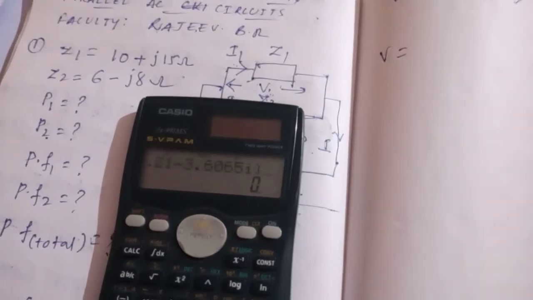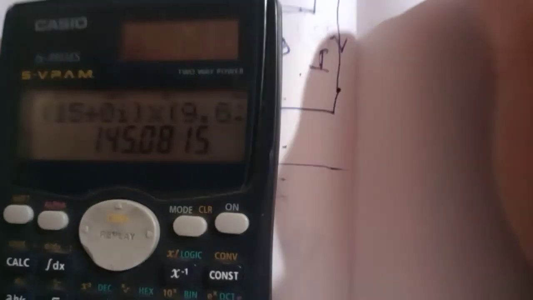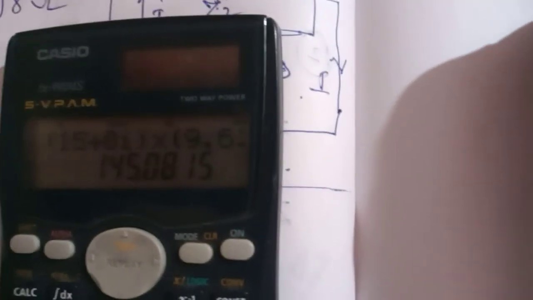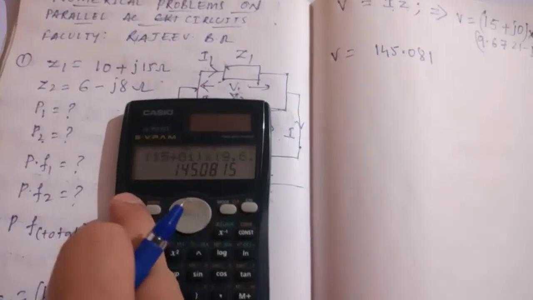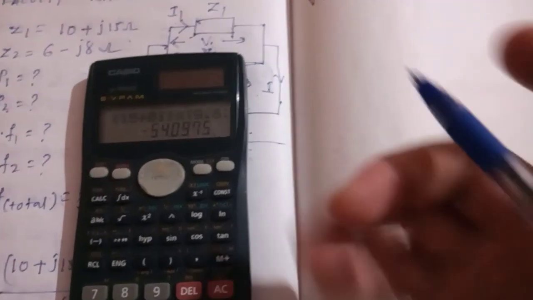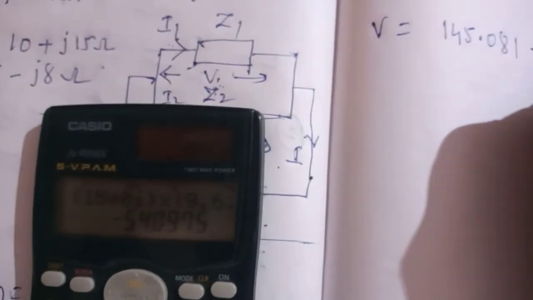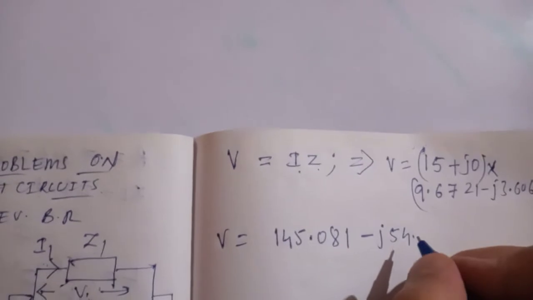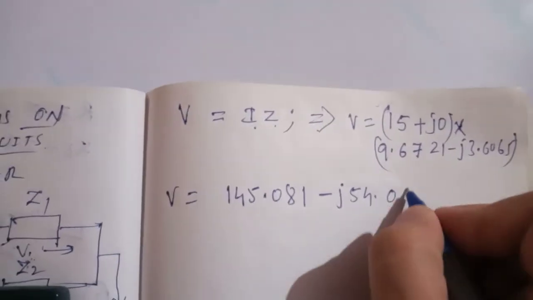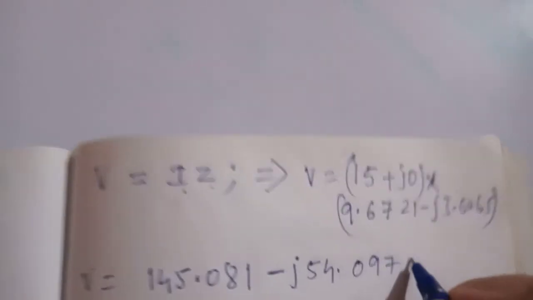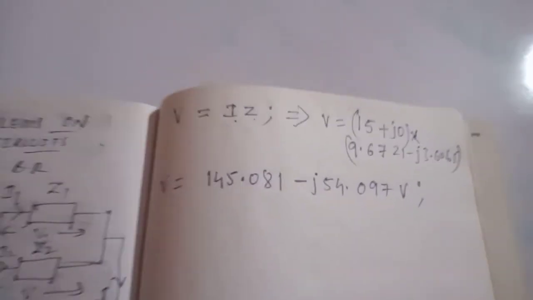Okay, I close the bracket. Now it will come around V is equal to 145.081. I want the imaginary part, for that shift is equal to, so it will come around minus j 54.097. So and so volts. This is the resultant voltage.